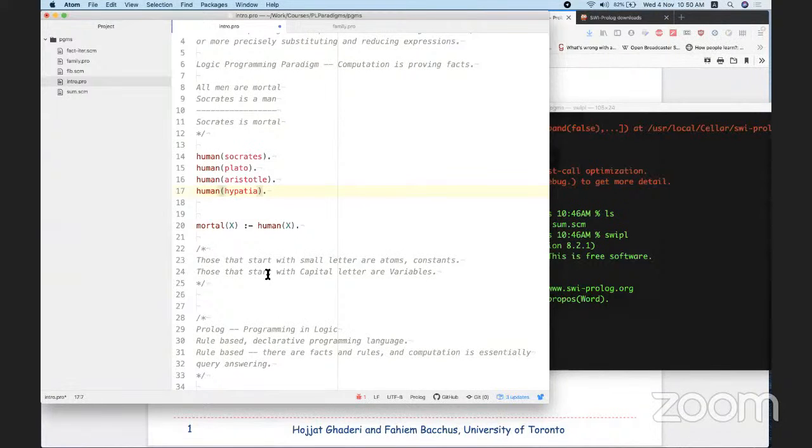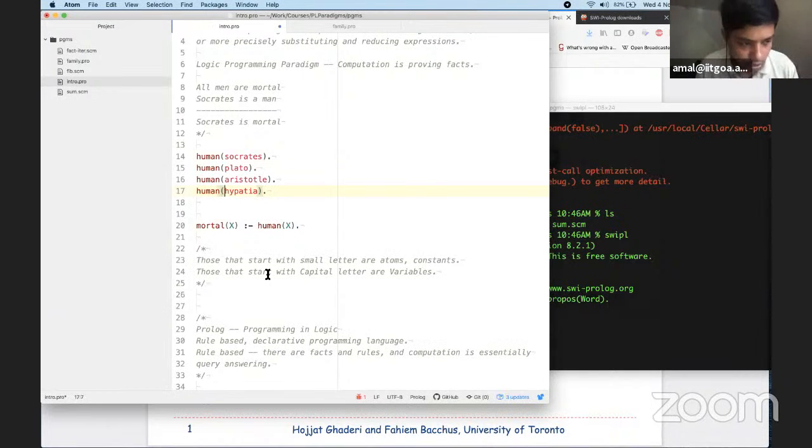So could you give examples where currently Prolog is used in systems? Prolog is mainly used in query answering systems where you have a large number of facts. For instance, natural language processing, or planning systems.